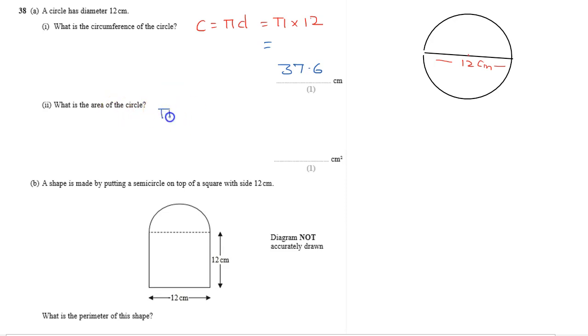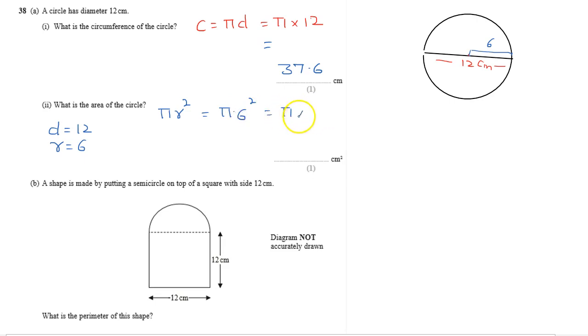We know that the area of a circle is pi r squared. Here d is equal to 12, so r is the radius. This is r, so this is 6 centimeters. So the radius is 6, and this is pi r squared. It means r is 6 squared.